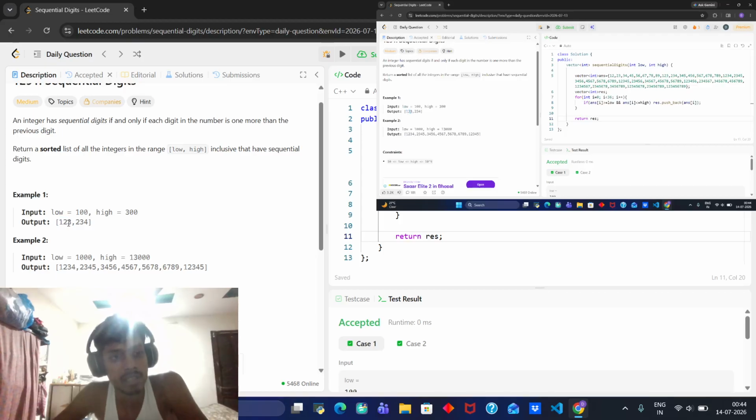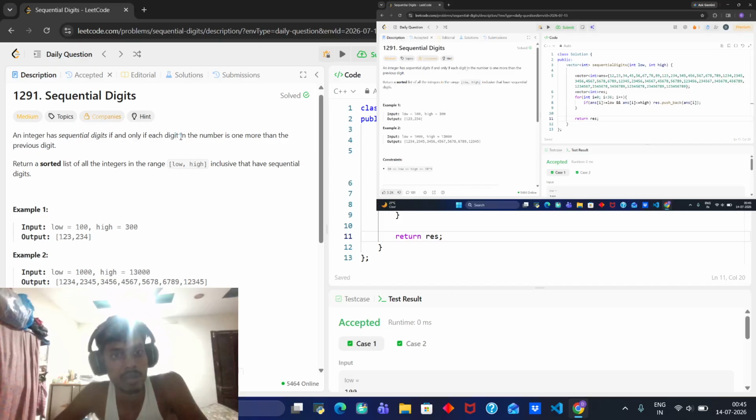It means the 2 is one more than 1 and 3 is one more than 2. That's a sequential digit, and that's what the statement wants to say.